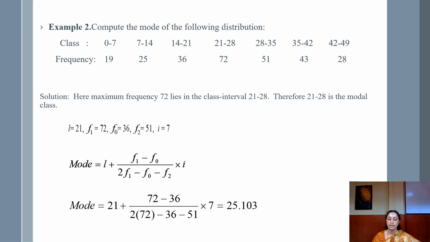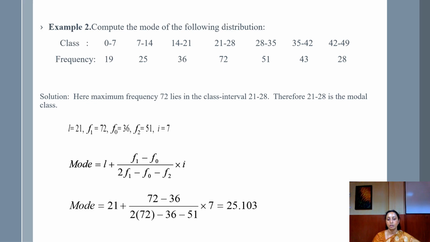Let us consider it as marks. We have 19 students who have taken marks between 0 to 7, 25 students who have taken marks from 7 to 14, 36 students have taken marks from 14 to 21. Like that the data goes on. We want to find the average marks through the modal method.